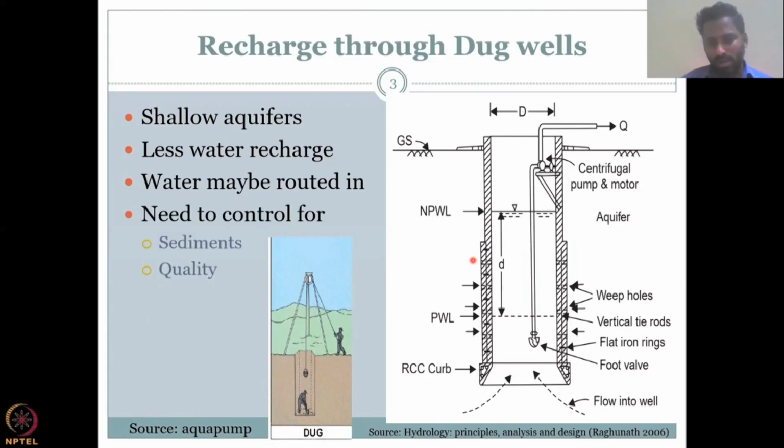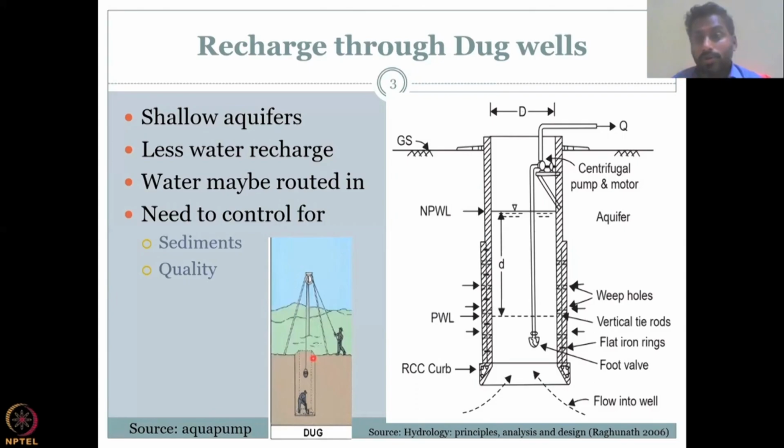Need to control for sediments and quality. Because you're putting water into the wells, and the wells are open, just look at the surface of the well, it is open. So the idea is if runoff or surface water is pushed into the well, you need to be careful about the quality. Otherwise, the water would go in and pollute the environment, pollute the groundwater.